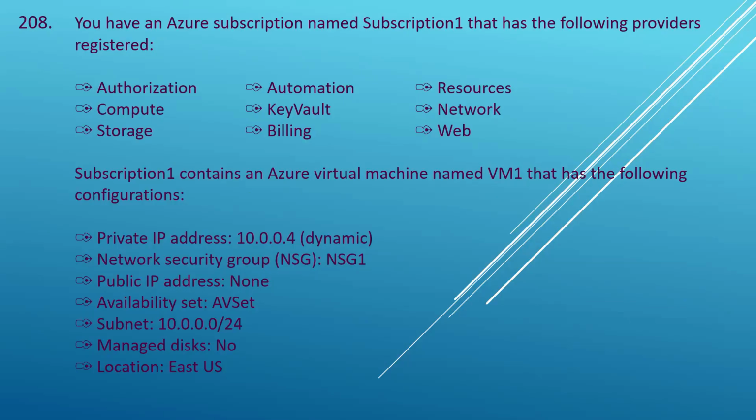Private IP address is defined as dynamic, and it is currently set to 10.0.0.4. Network security group is NSG1. Public IP address does not exist. Availability set name is AV set, and the subnet is 10.0.0.0/24. There are no managed disks, and the location is East US.